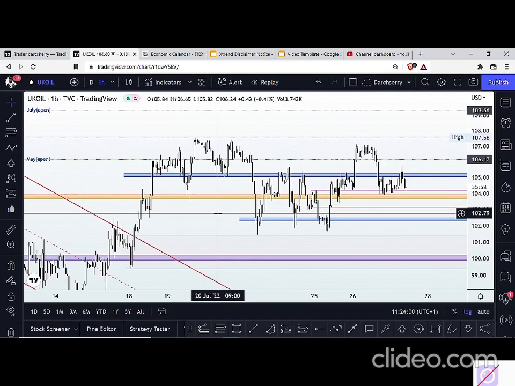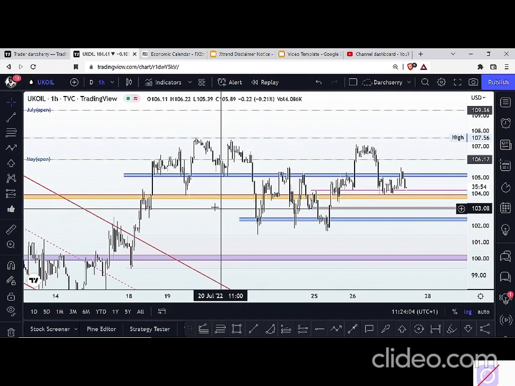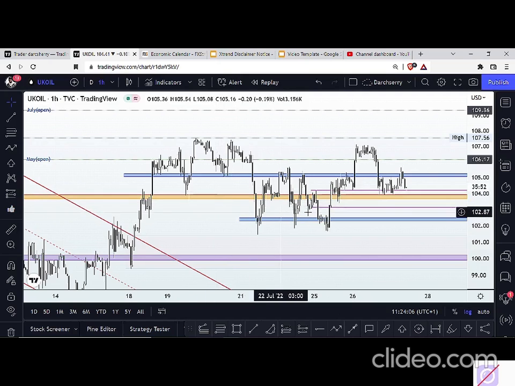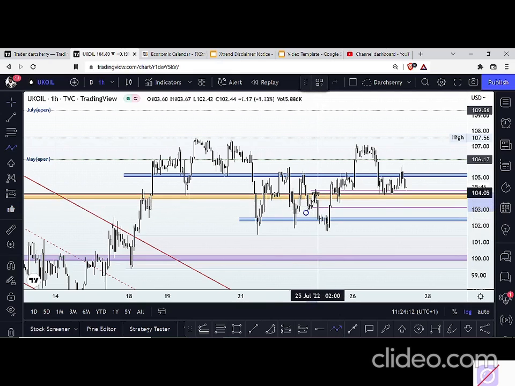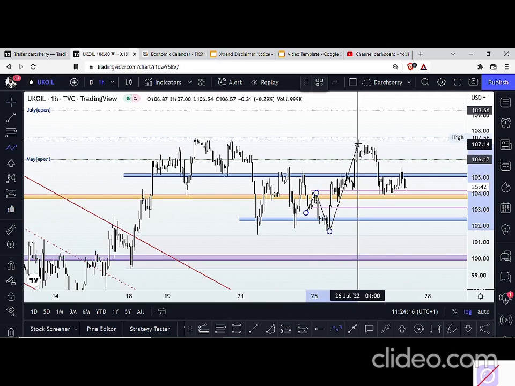Since the beginning of the week, price started the week at $103. We saw $103, then we saw the move that pushed price into 102 before price went as far as testing the $107 mark before we saw that move to the downside yesterday.